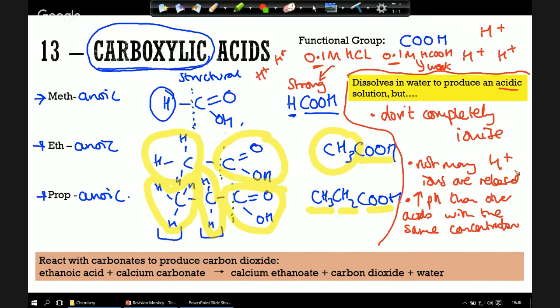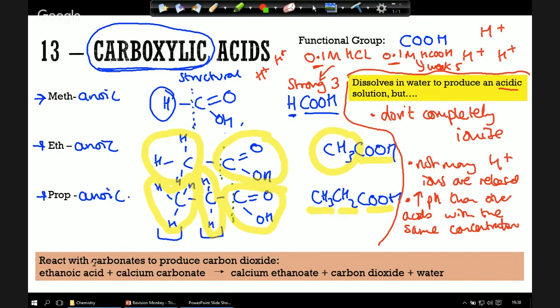There's not many hydrogens released. So this one may, for example, have a pH of 3, just for argument's sake, and this one would have a higher pH of perhaps 5. So this is really important because they really like to ask this question a lot.